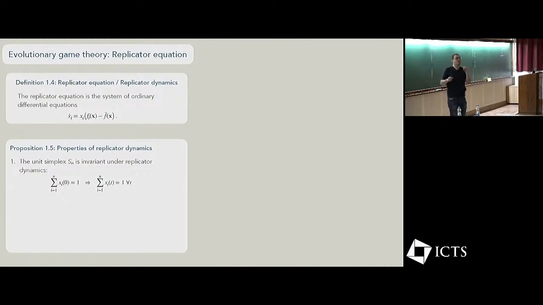So what you would actually like is that if your initial population is a probability distribution, then also in the long run, the result of this equation will be a probability distribution. Otherwise, this equation doesn't make a whole lot of sense.